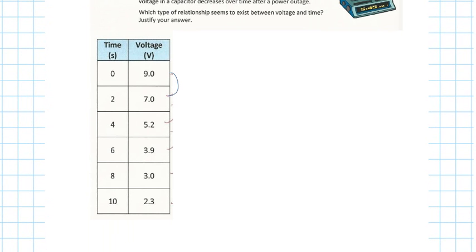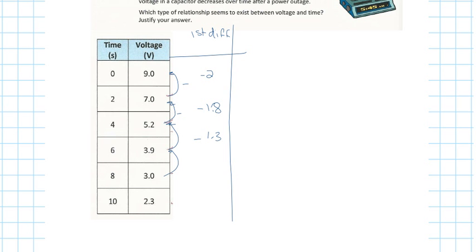Find the first difference. And this is negative 1.8. Negative 1.3.